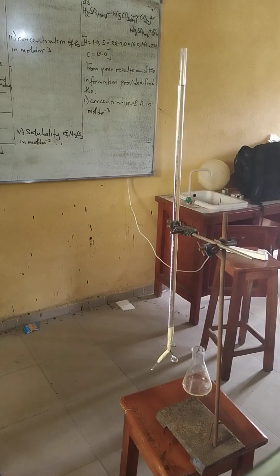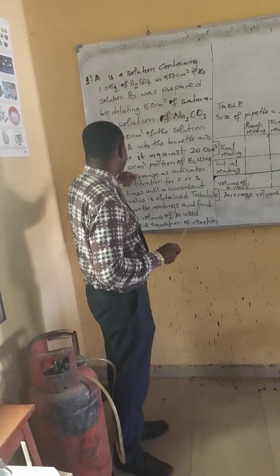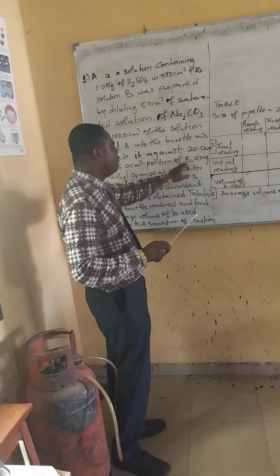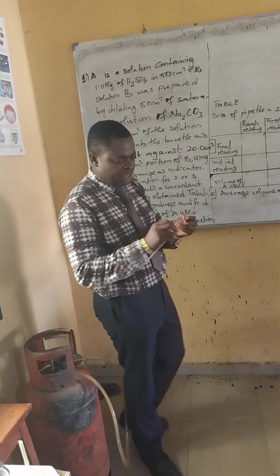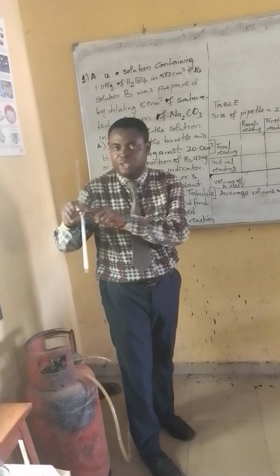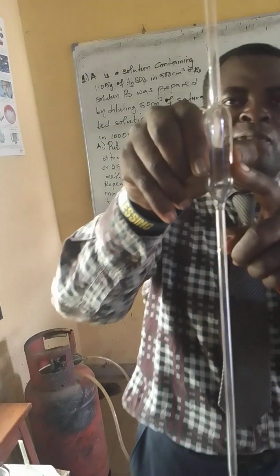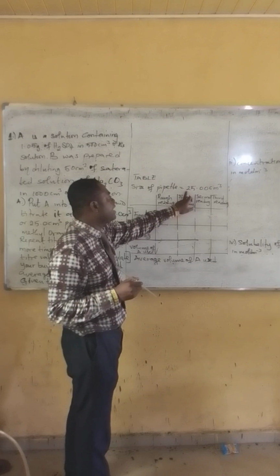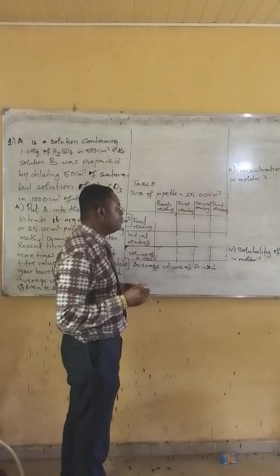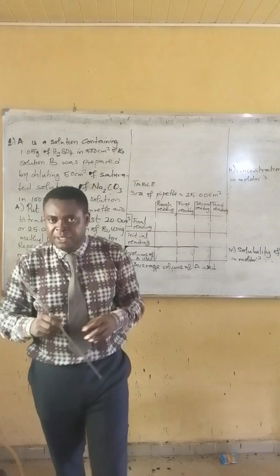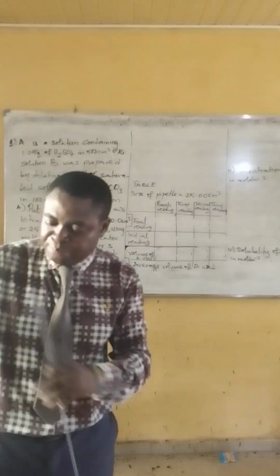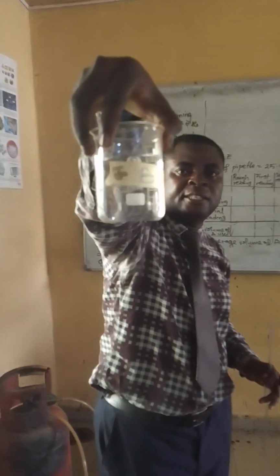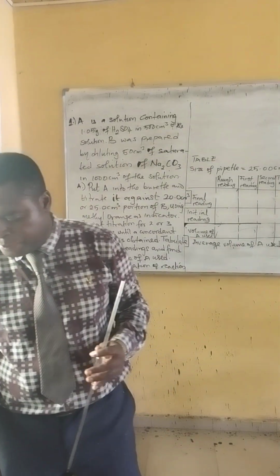Then the next thing we want to do is to pipette, because he said titrate it against 20 or 25 cm3 portion of B. Now, the pipette we have here is 25 mil, and that is why before you tabulate your reading, write the size of pipette. It will carry its own mark, 25.00 cm3. So we want to use it to take B. So you look for the beaker that is labeled B, and you pipette.